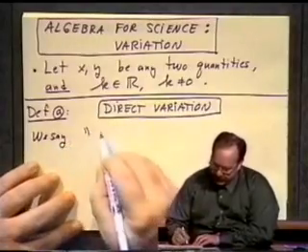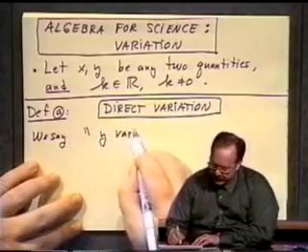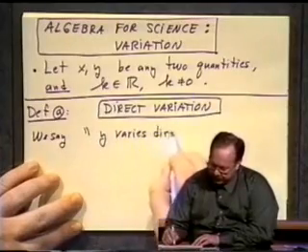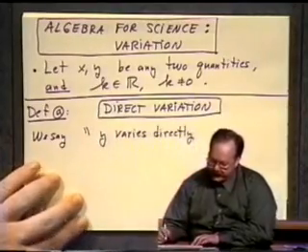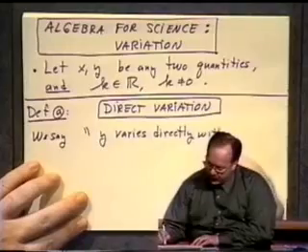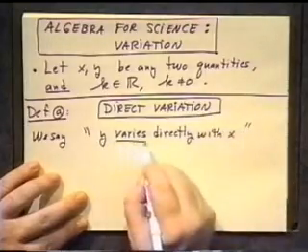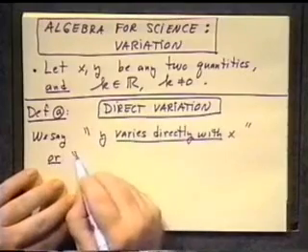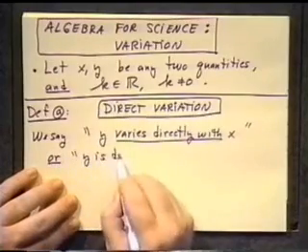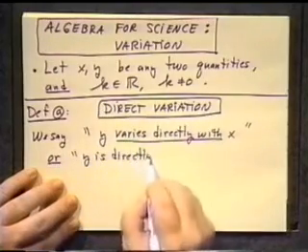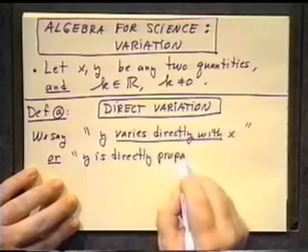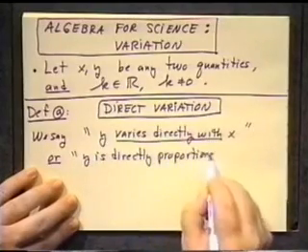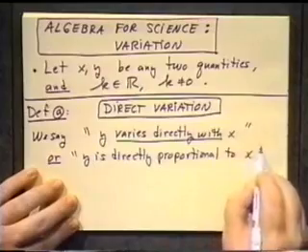We say y varies directly with x. Y is one of the quantities. We say it that way, or we say that y is directly proportional to x.